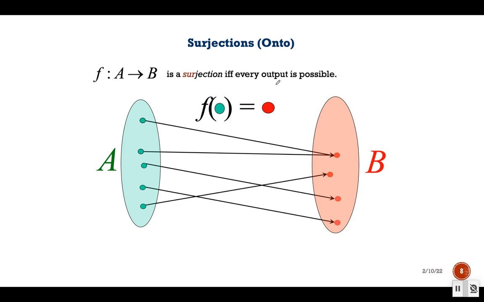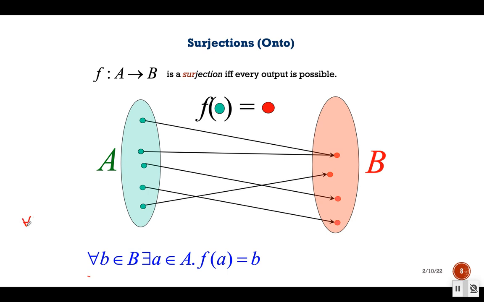output is possible. So for every element of B, just be careful how I am reading these notations here. I am using some quantifiers here.